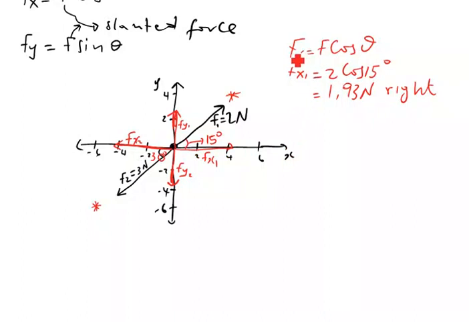Then we are going to look for Fy1, which means we're still here. This is Fy1. It's F1, but sine theta now. So the force is 2, sine the angle, which is 15 degrees. Then we press the calculator.